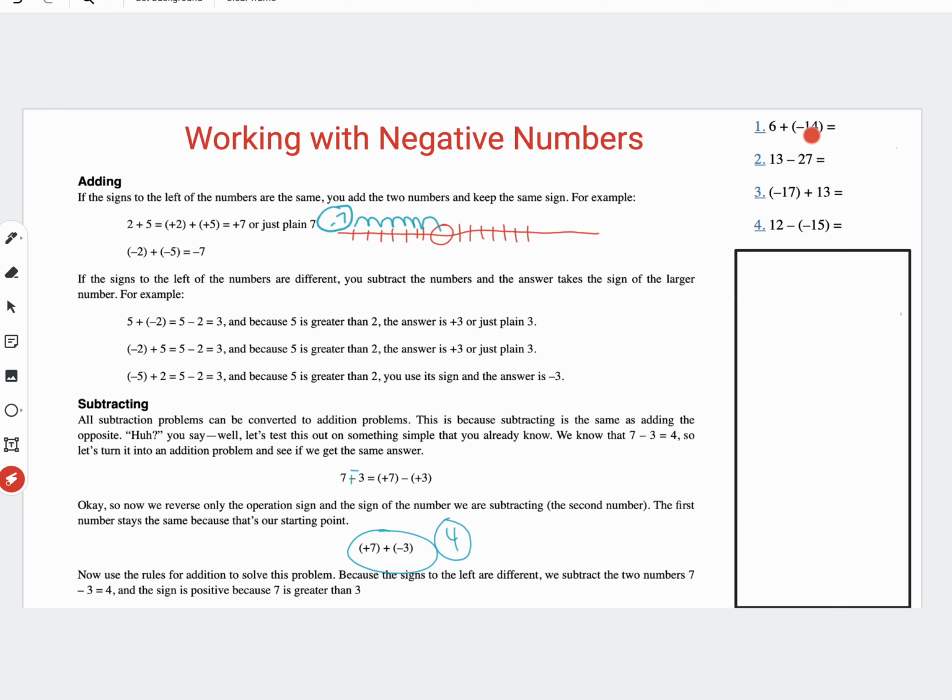Let's take away 6 from 14. 14 minus 6 is 8. And we want to keep the sign of the larger number. The larger number here is 14, and the sign is negative. So our answer will be negative 8.